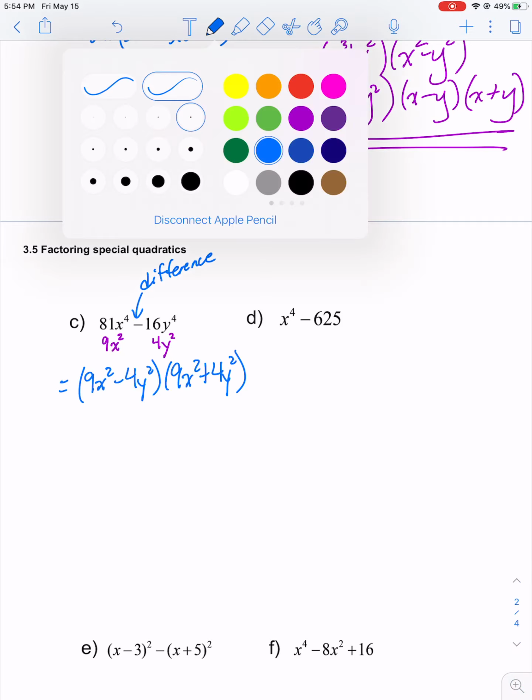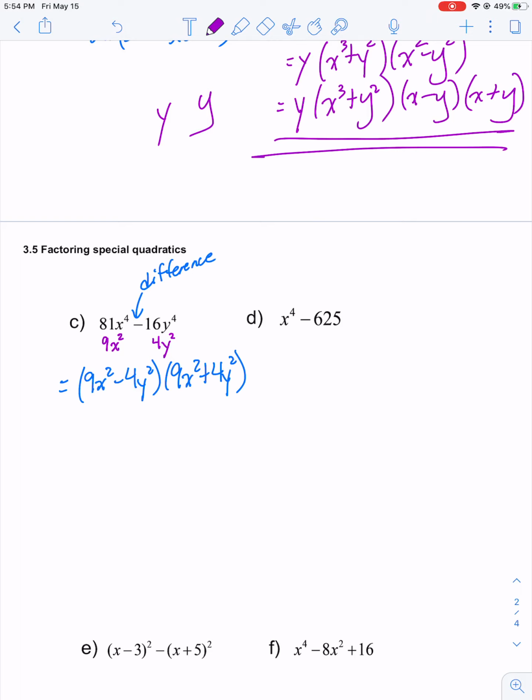All right, now 9x squared is the square of 3x, and 4y squared is the square of 2y, and it's difference again. So we can go even one step further. We can say this is 3x minus 2y, 3x plus 2y, and then 9x squared plus 4y squared.